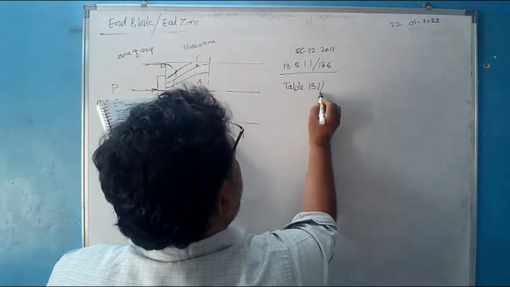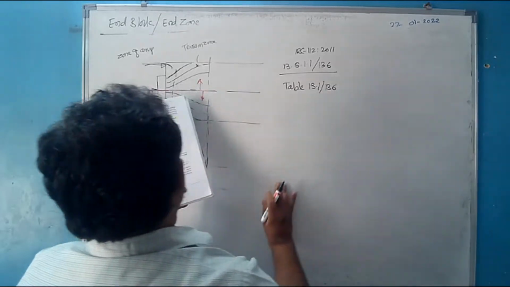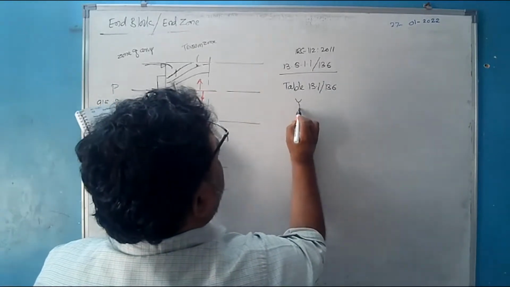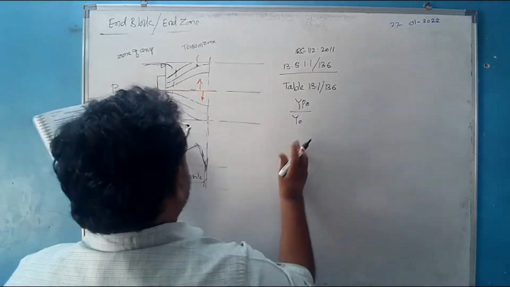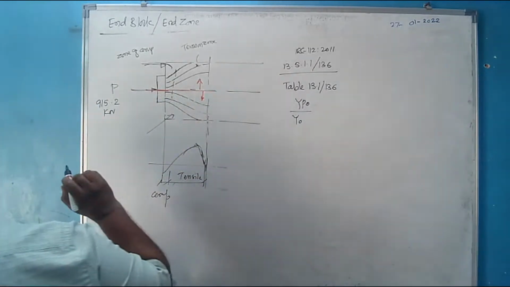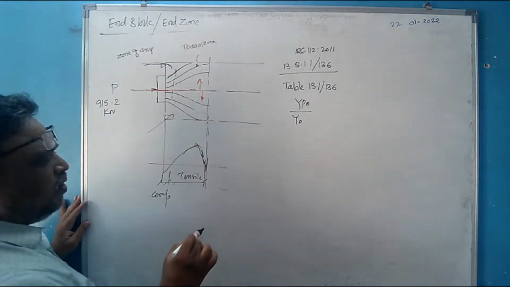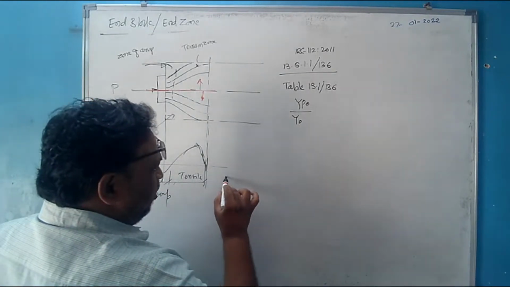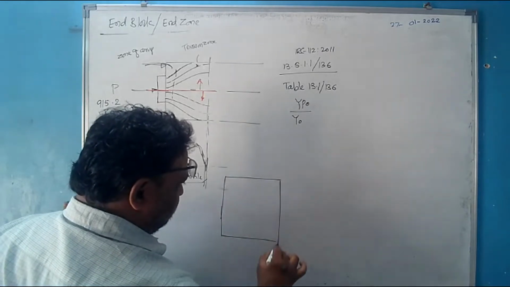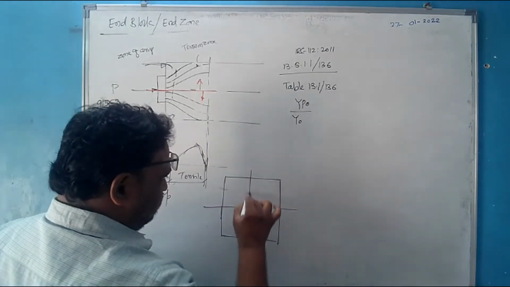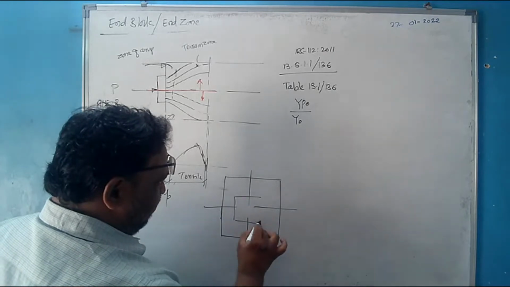It is available on page number 136. It gives the relation between yp naught divided by y naught. What are this yp naught and y naught? अगर मैं लॉन्गिट्यूडनली देखता हूं तो ये ऐसे दिखने वाला है. Here is the anchor plate.